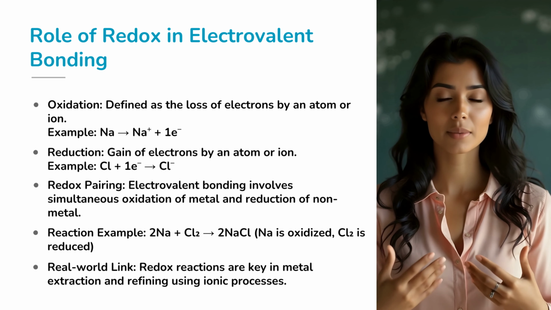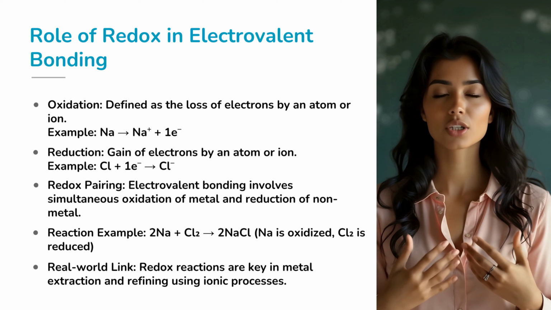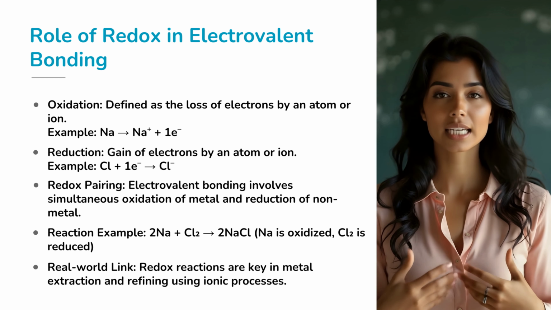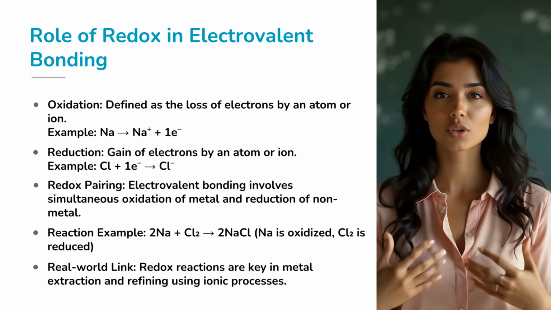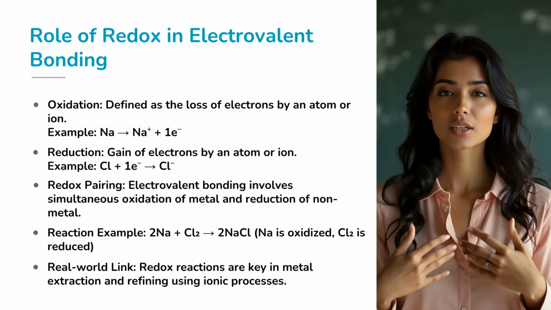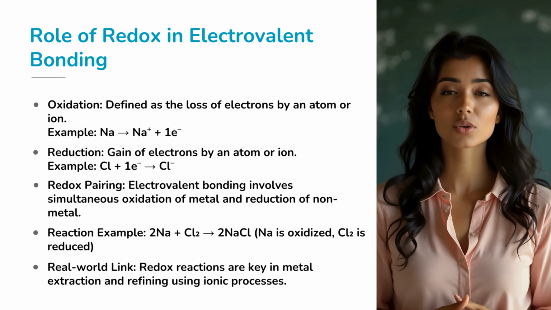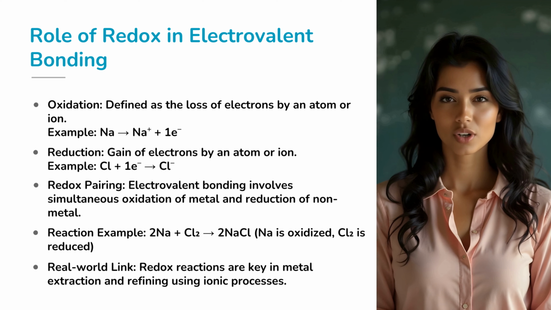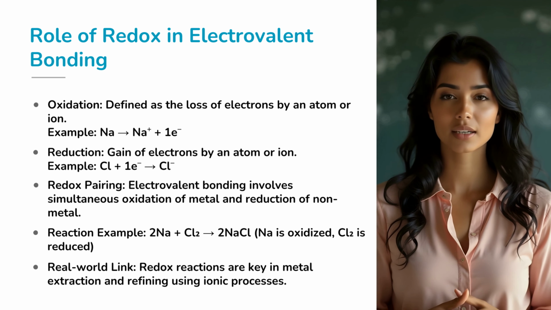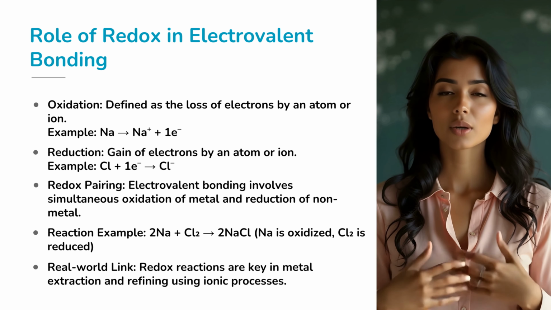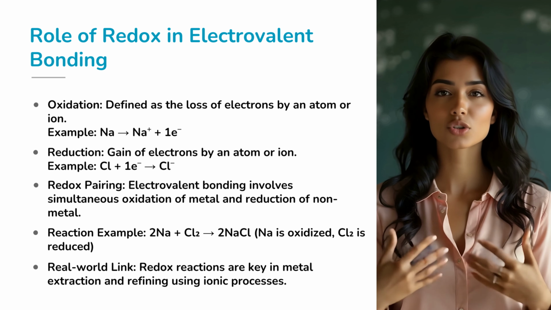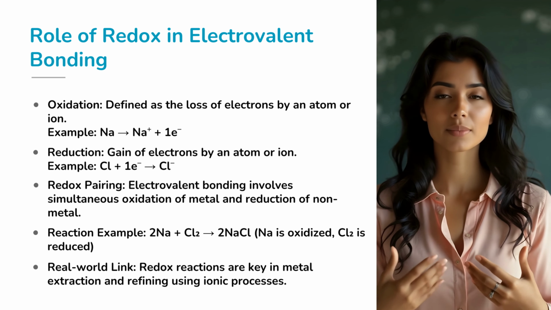The chlorine atom accepts that electron, that's reduction, and becomes chloride negative 1. The full reaction reads: 2 sodium atoms plus 1 chlorine molecule gives 2 units of sodium chloride. Or verbally, 2 sodium atoms plus 1 molecule of chlorine gas gives 2 units of sodium chloride.